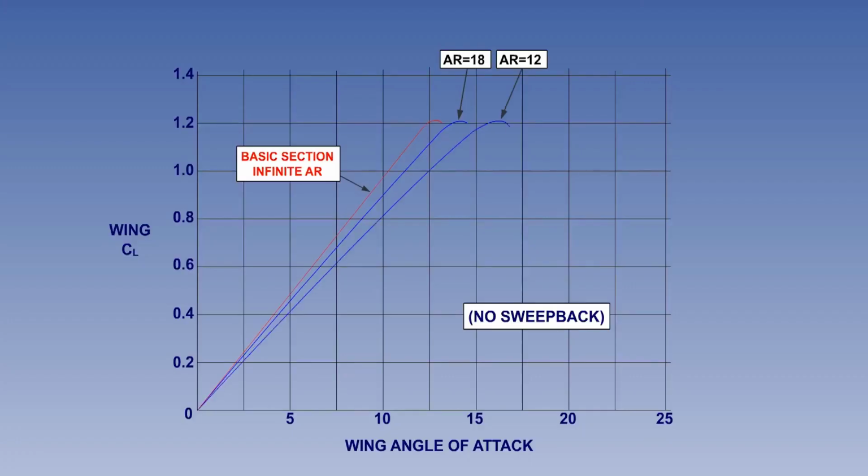Further reduction in AR, shorter wings, will continue to increase the angle of attack required for CL max. Higher aspect ratio wings are more sensitive to changes in angle of attack, but require a smaller angle of attack for maximum lift.